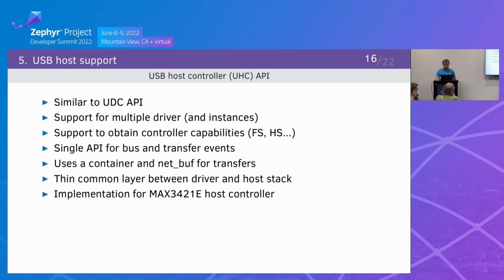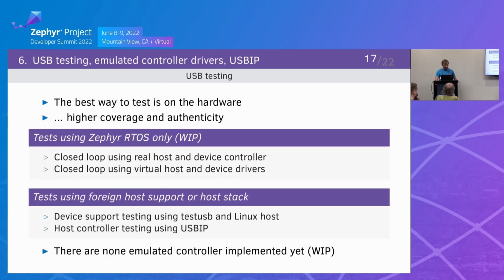As I said, the host support was mostly driven by the need for testing USB devices. What we do not have actually is testing for the current support. We have a few tests, but it's not that necessary.